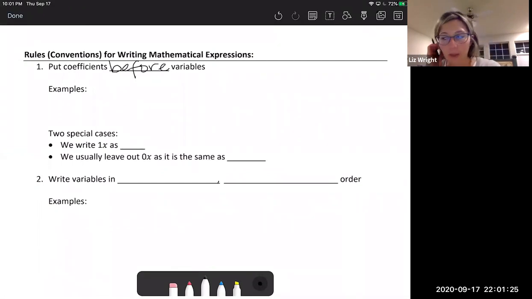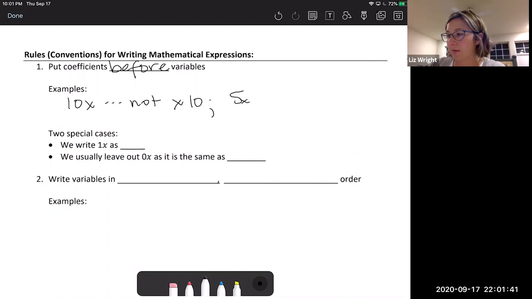So we're going to put the coefficients before the variables. Examples of that would be, we're going to do 10x, not x10. We would also do something like negative 5x, not x times a negative 5, because that just looks weird.